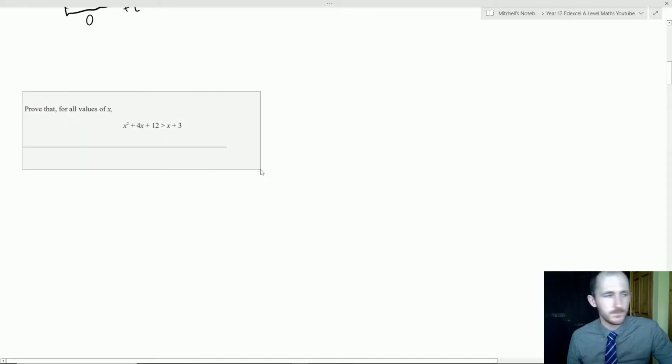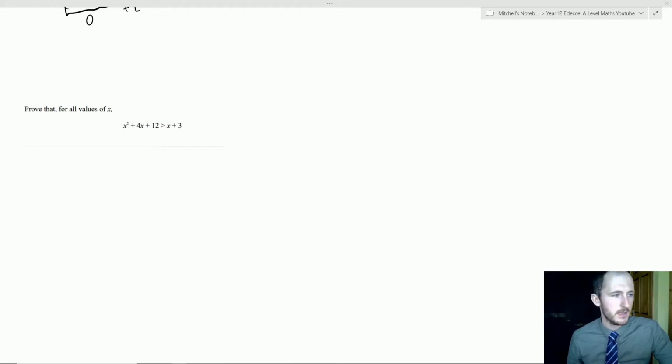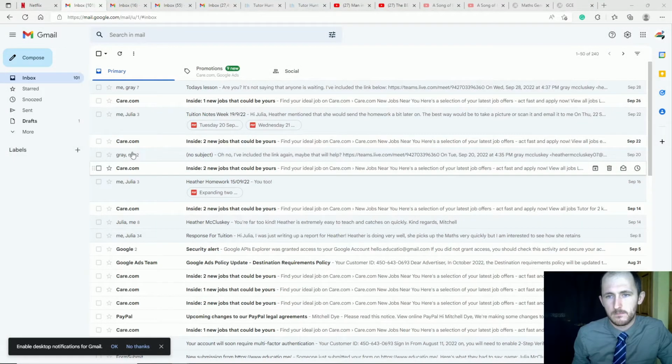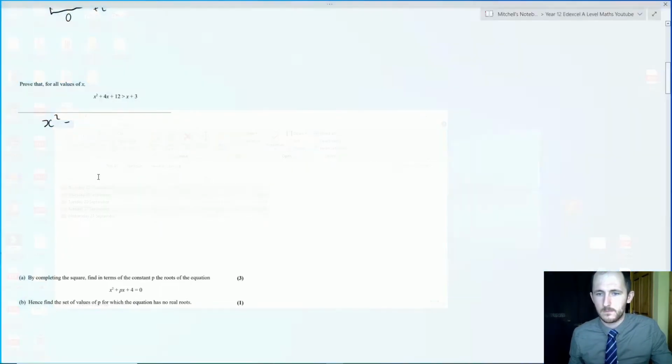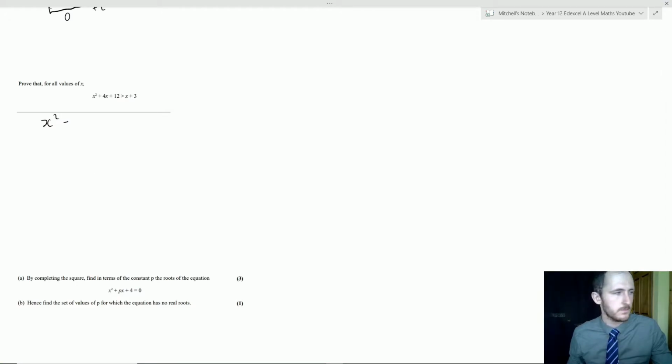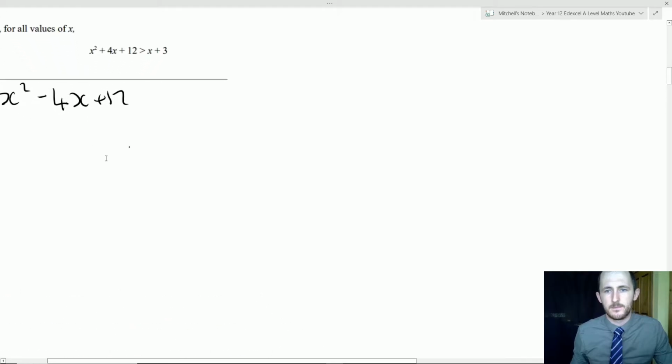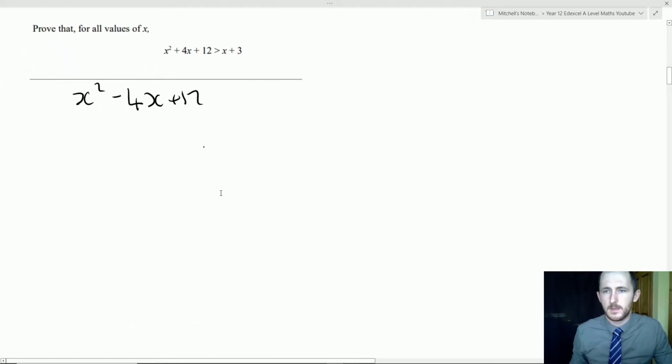Okay, so I'm going to hide that. What about this? Here we have, prove that for all values of x, x squared minus 4x plus 12 is greater than x plus 3.